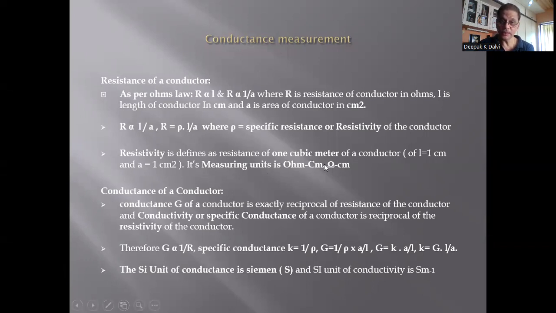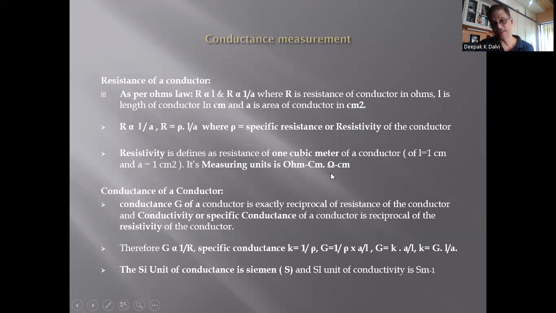So resistivity is defined as a resistance. Means full conductor resistance is called resistivity. That is, the resistance of 1 cubic meter of the conductor is called resistivity. And in that case, length is assumed to be 1 centimeter and area is 1 centimeter square. And the measuring unit of resistivity is what?